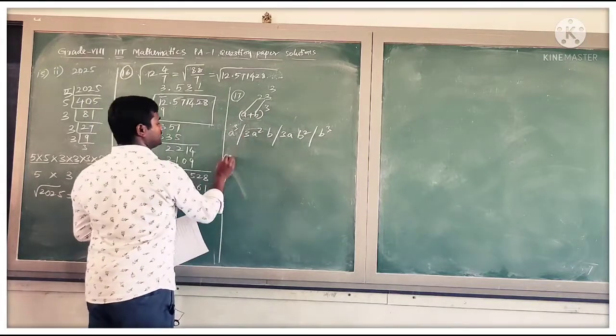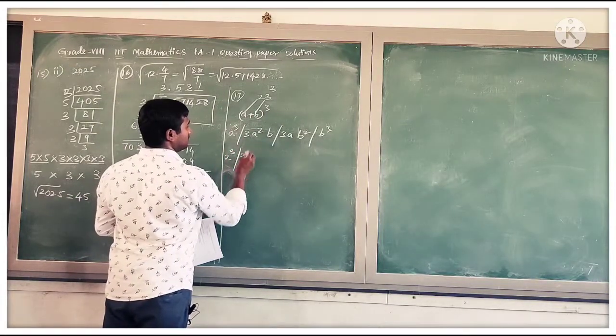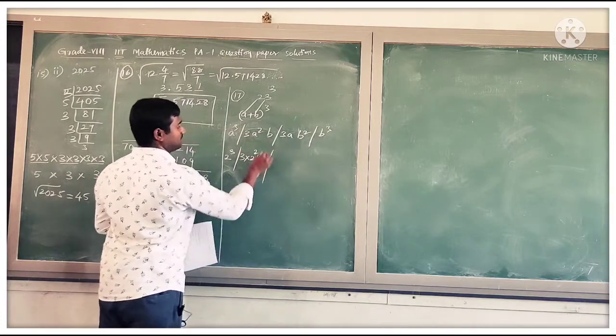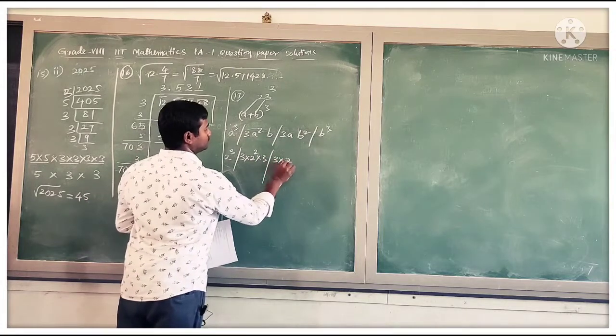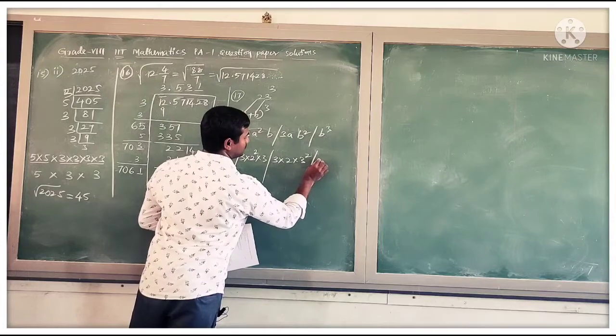So a cube means 2 cube, 3a square b means 3 into 2 square into 3, and 3a b square means 3 into 2 into 3 square, and b cube means 3 cube.